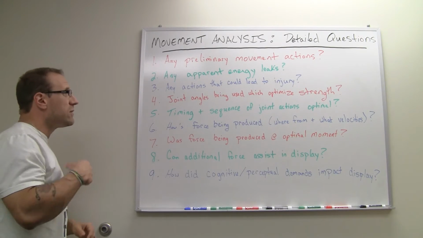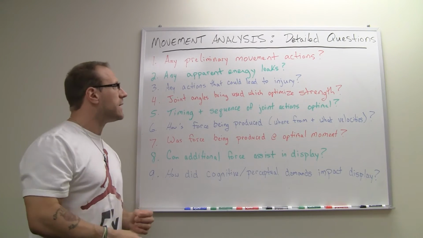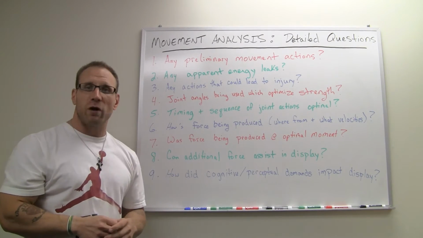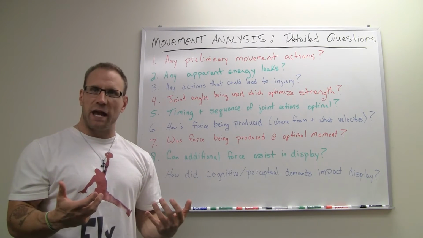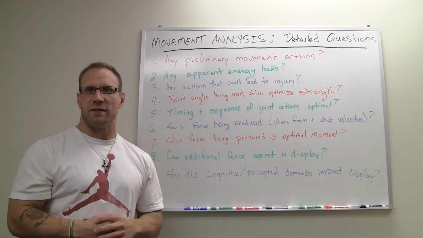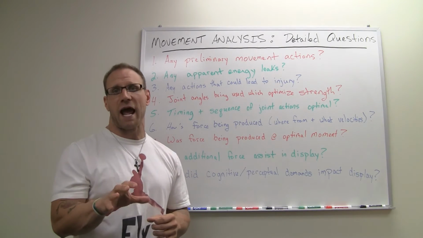Question 4 is, were joint angles being produced or used that are going to optimize strength characteristics? Now we know that every athlete has specific anthropometric features as well as length, tension, and force coupling relationships that are particular to him or her as an athlete.